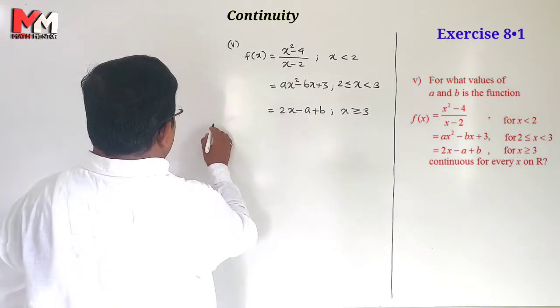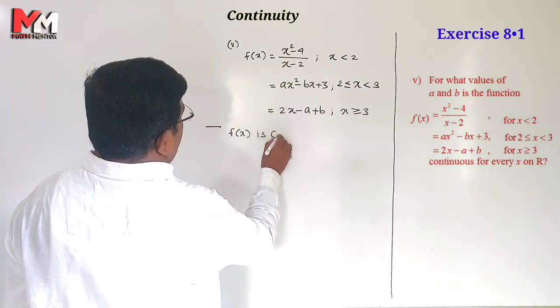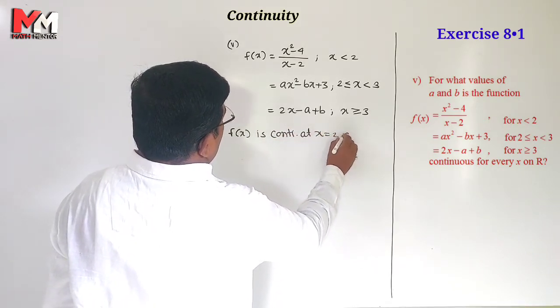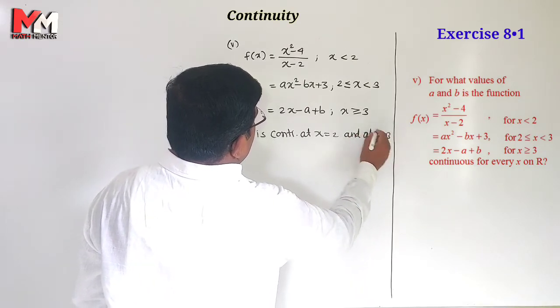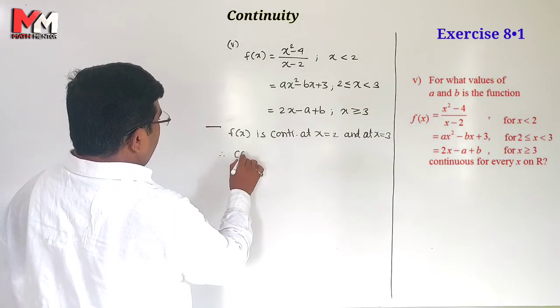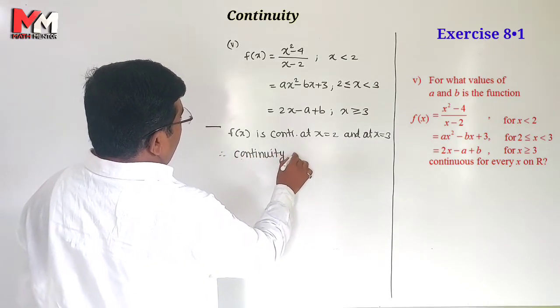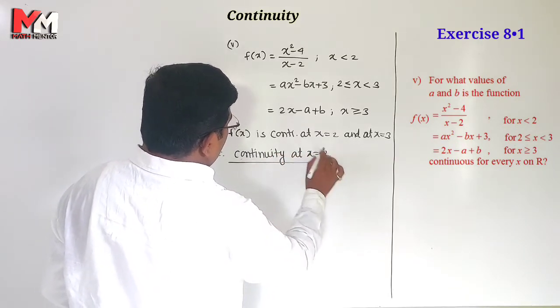So therefore f of x is continuous at x is equal to 2 and at x is equal to 3. ये 2 भी है और ये 3 भी है. Therefore continuity at first x is equal to 2.